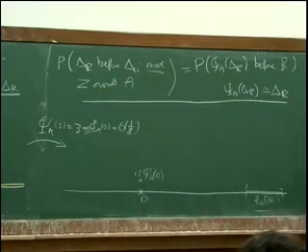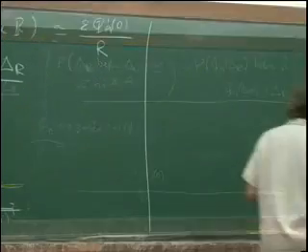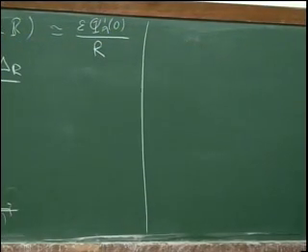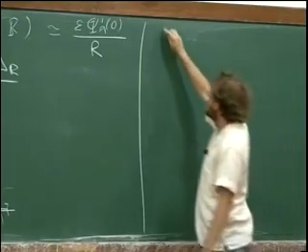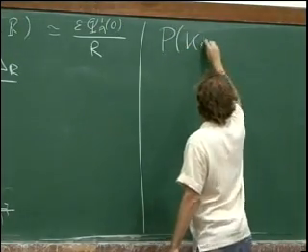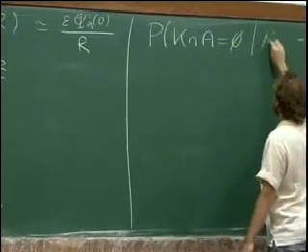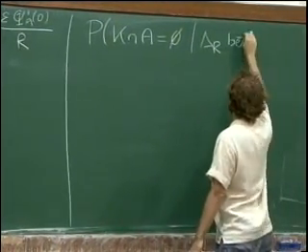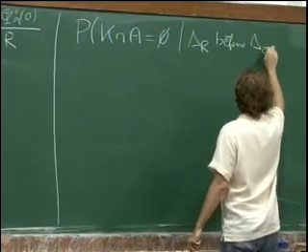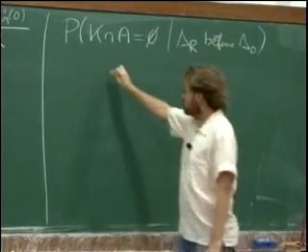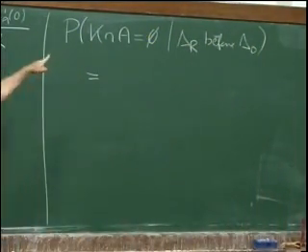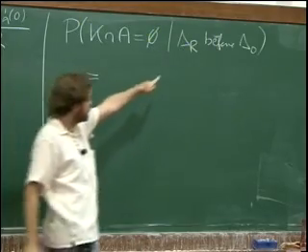So to conclude, now the probability that you avoid A, that K intersect A is empty, given that you reach delta r before delta 0. So it's just the ratio of the probability of the intersection by the probability of the conditioning event.